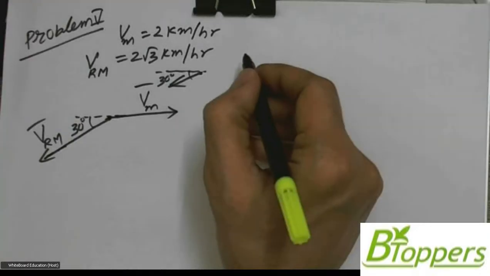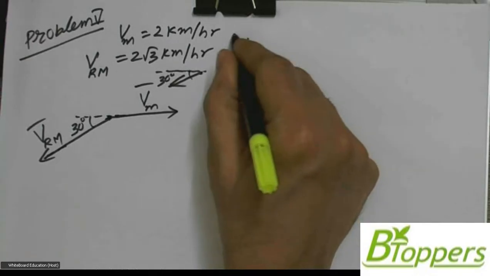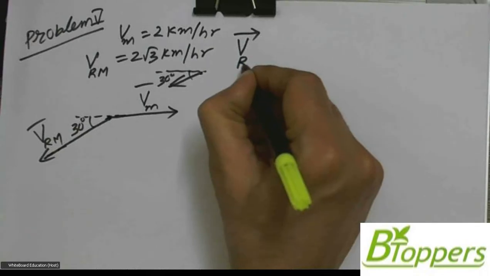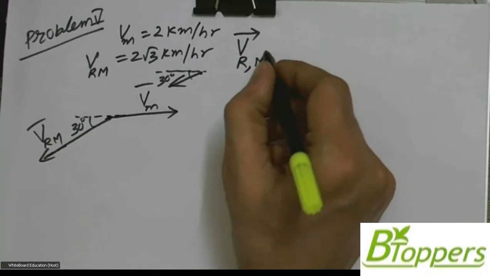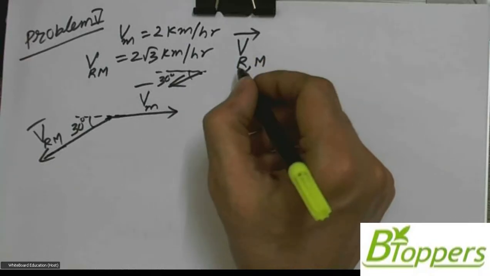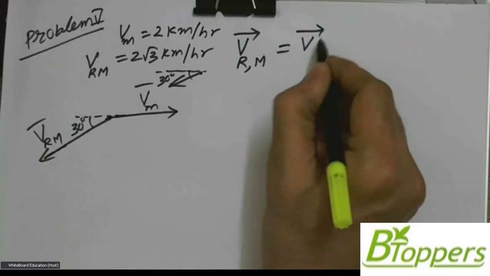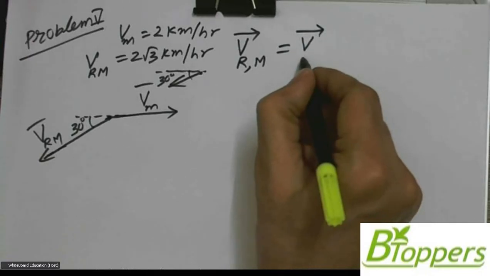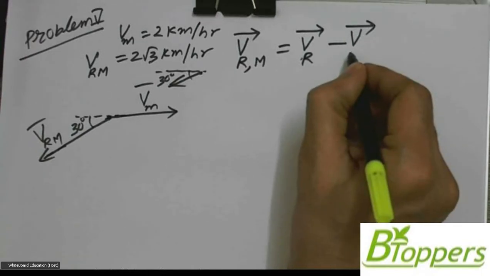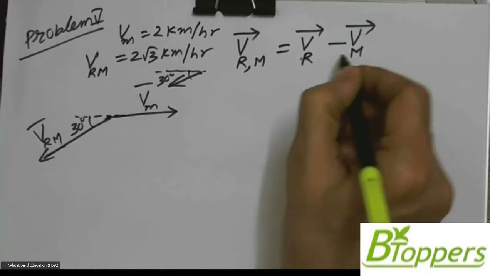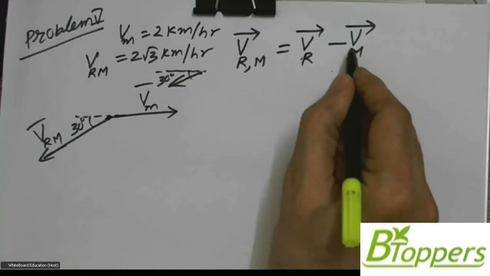So the relative velocity of the raindrops with respect to the man, I denote by V bar subscript RM. It is the vector difference of the actual velocity of the raindrops and the velocity of the man.